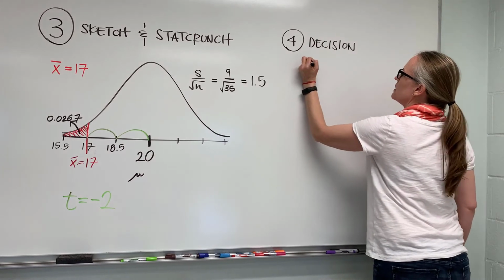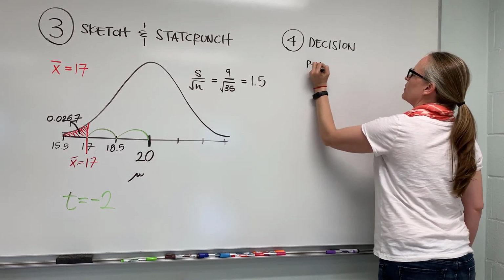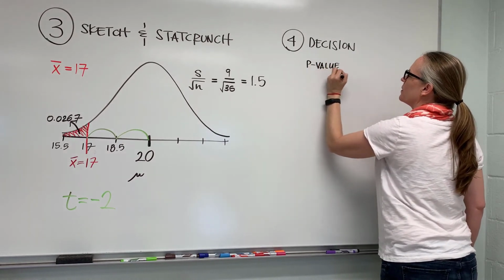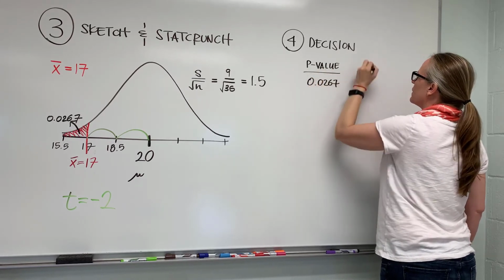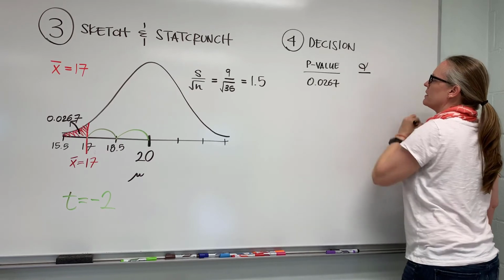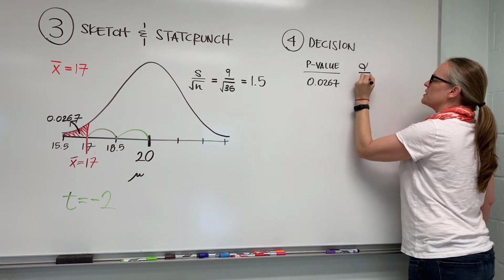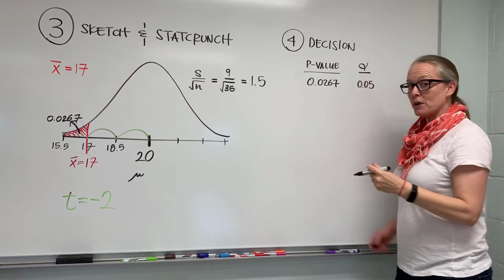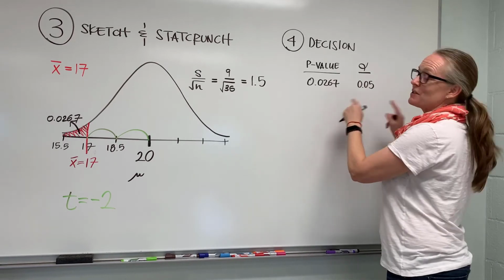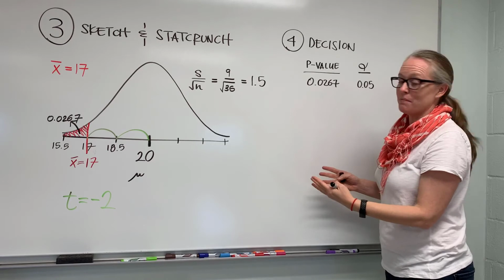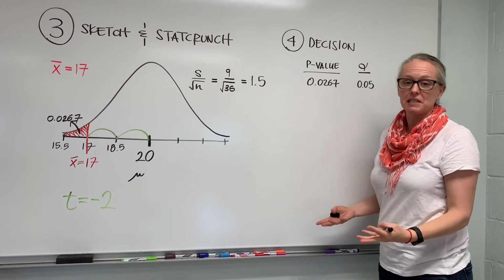So let's see if we can take this information here. When I make a decision, I have a good practice of writing the p-value first. I'll state the alpha that we were given, and that was 0.05. Notice I haven't talked about alpha the entire problem until we get to step 4. I haven't used it in any of my calculations, nor did I put it into StatCrunch.